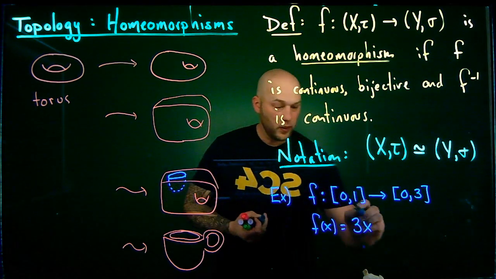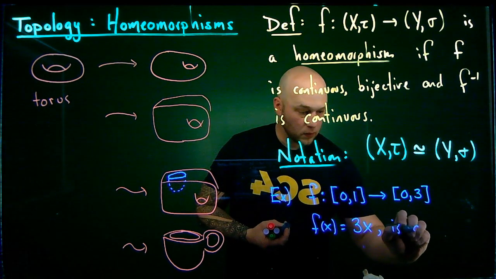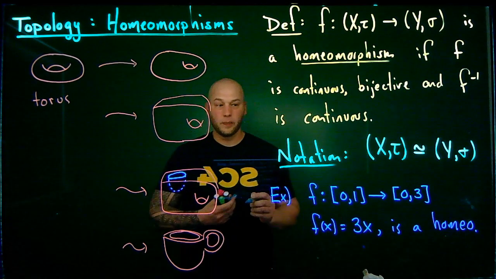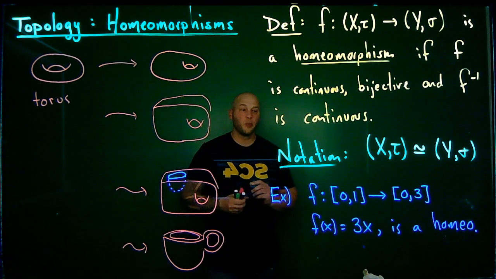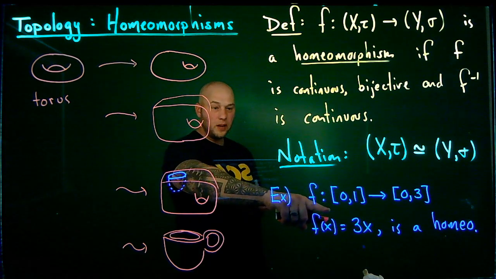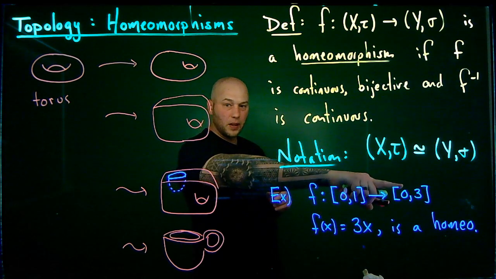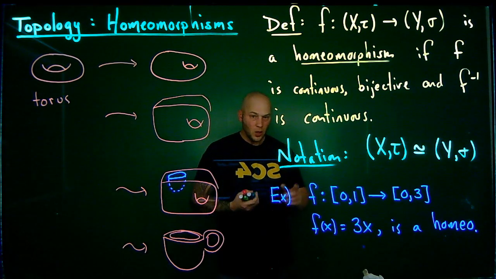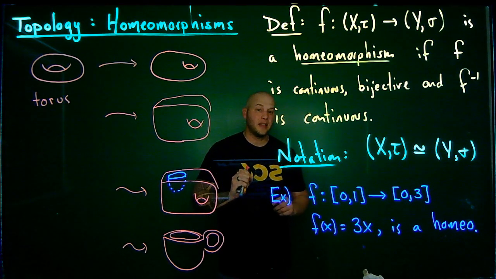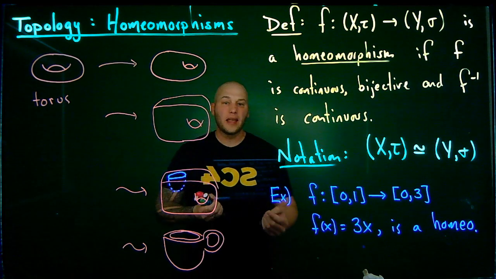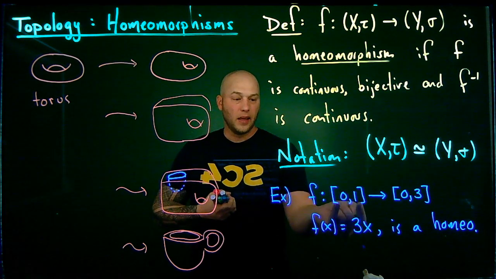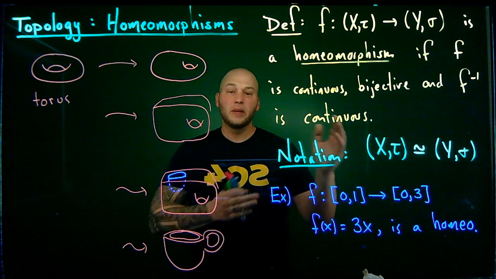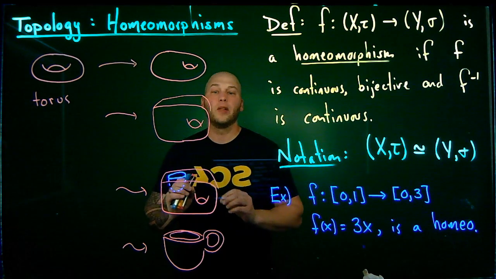And so therefore, this is a homeomorphism. All right? Any topological property that (0, 1) has, (0, 3) will have. Any topological property that (0, 3) has, (0, 1) has. Notice one thing that is not a topological property, and that would be length. The length of this interval is 1, the length of this interval is 3, but topologically those spaces are equivalent.